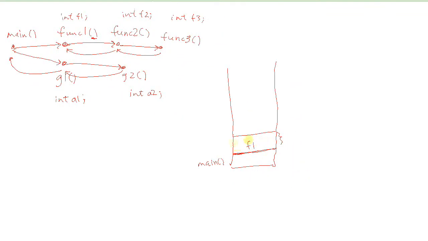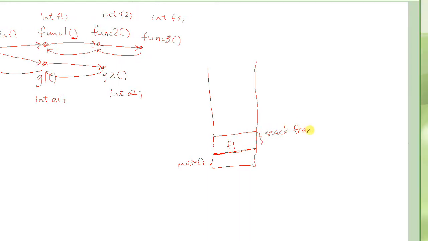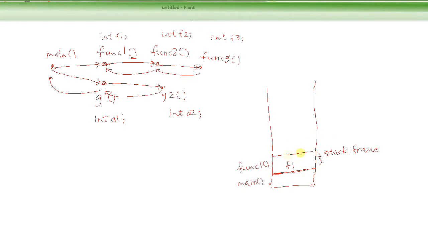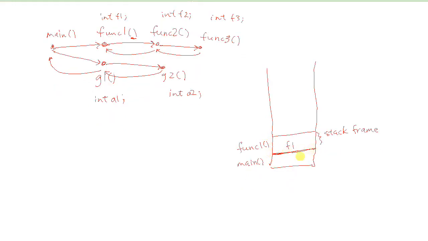So we will allocate a space for that also. So this whole thing is called a stack frame. This stack frame is for this particular function, func1, and the space for func1 is created right after the space for main.